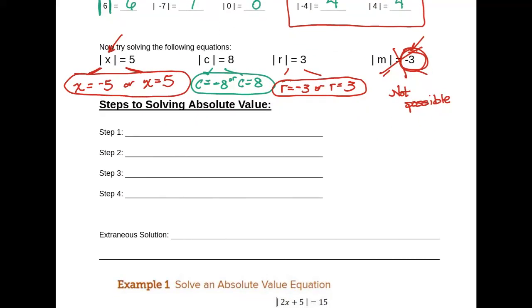So what are our steps to solving these absolute values? Here we go. First, you want to undo any addition or subtraction outside the absolute values. So if it's outside those vertical lines, you want to undo any of that addition or subtraction.